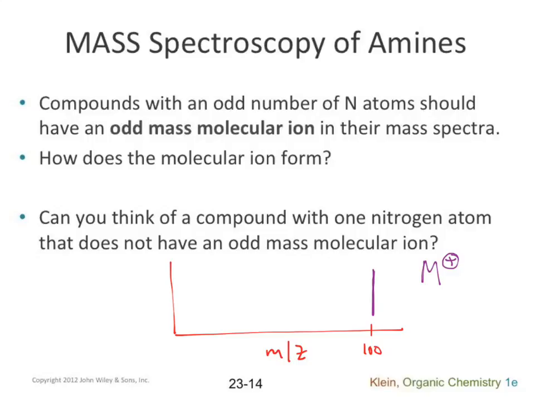So the very first thing that happens is we remove an electron, we now have the molecular ion. It will then subsequently decompose into other things. But let's assume our molecular ion is stable enough that it gets detected. That should show up where on our mass spectrum?